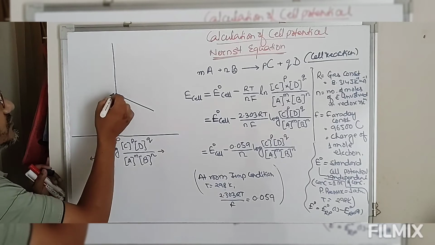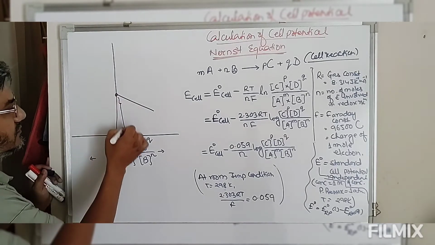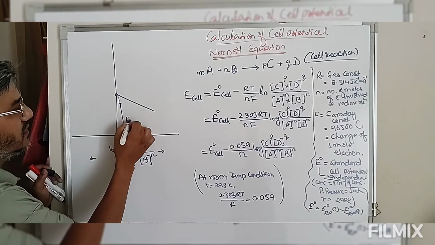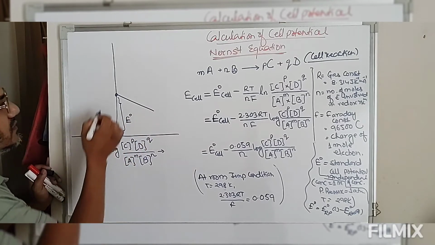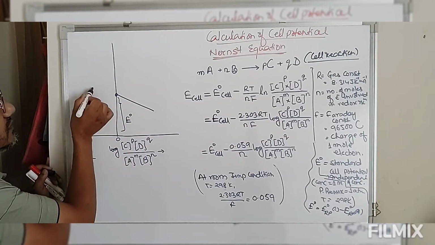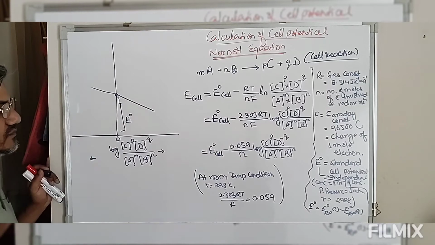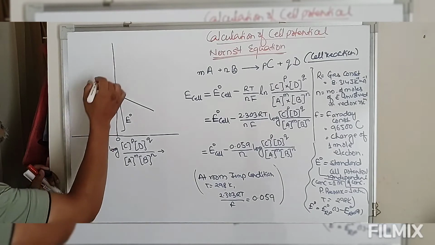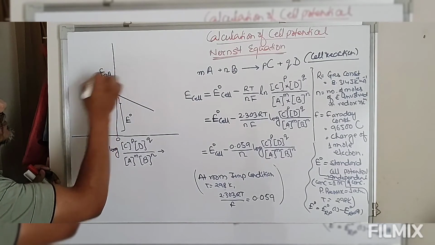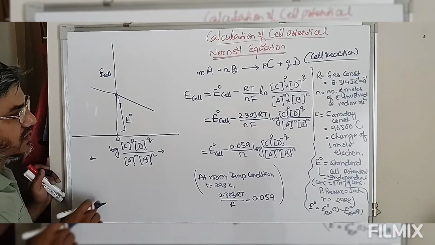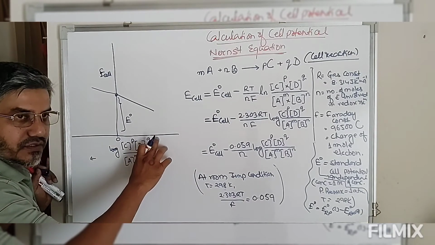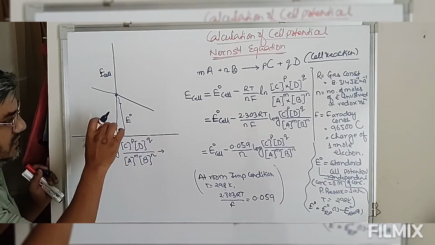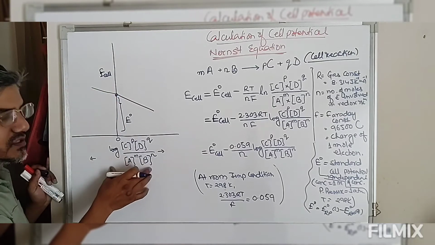This particular value is what we call E naught cell. So this is the variation of E cell versus the log of concentration. This is how the cell potential varies with concentration.